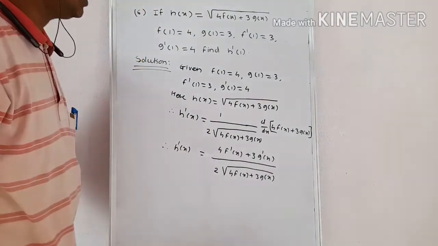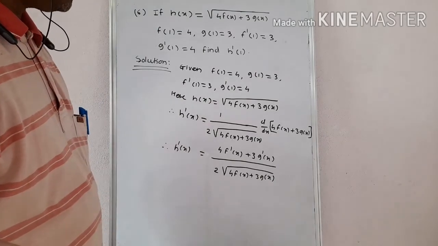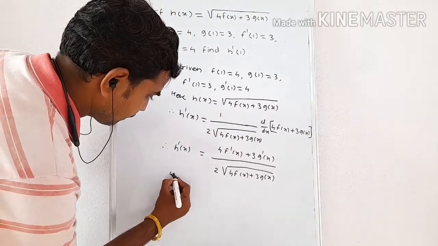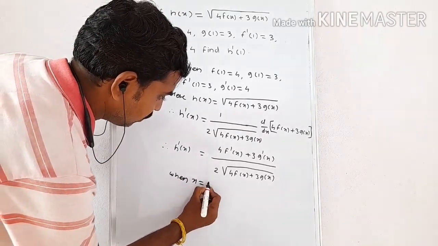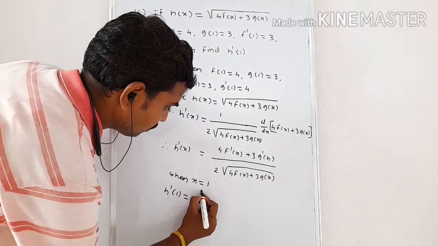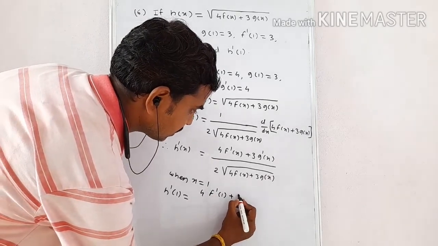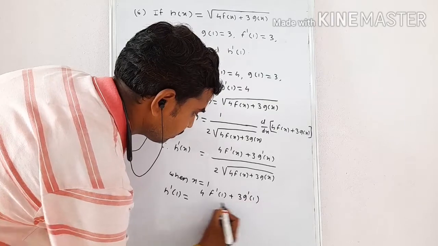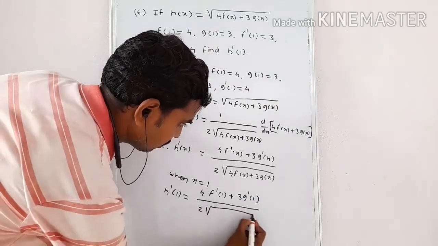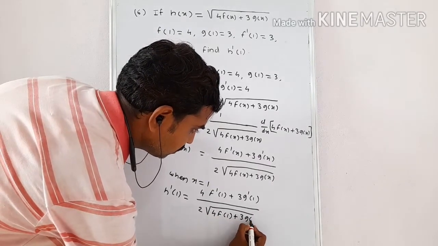Now by using this formula we have to calculate the value of h dash of 1. Therefore when x equal to 1, we get h dash of 1 as 4 into f dash of 1 plus 3 into g dash of 1, divided by 2 into square root of 4 into f of 1 plus 3 into g of 1.